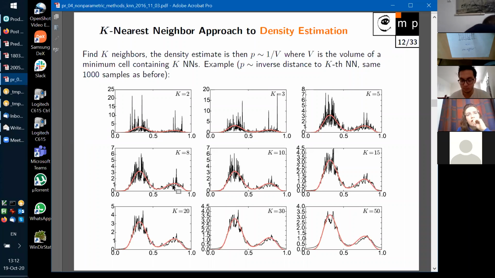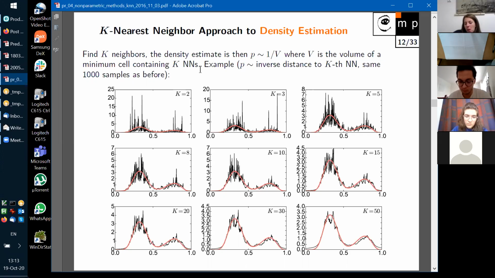So maybe it's not immediately obvious that nearest neighbors are related to density, but think about 1D. This is the example that you see in the presentation. In 1D, we can define the density estimate as the probability of the volume in which we find the one nearest neighbor.